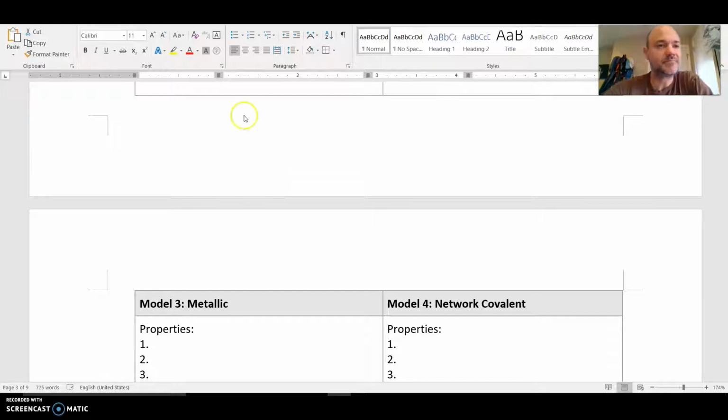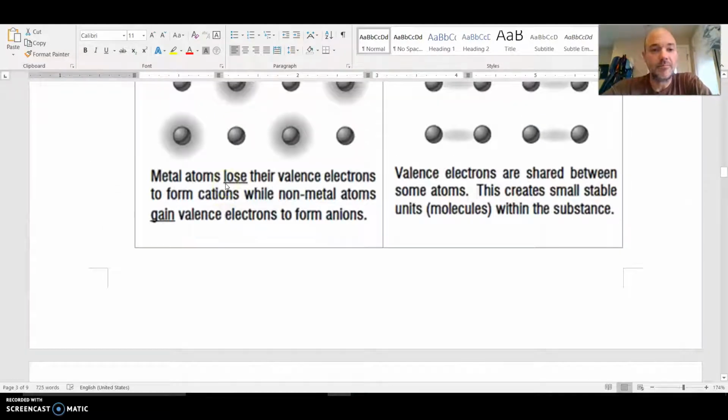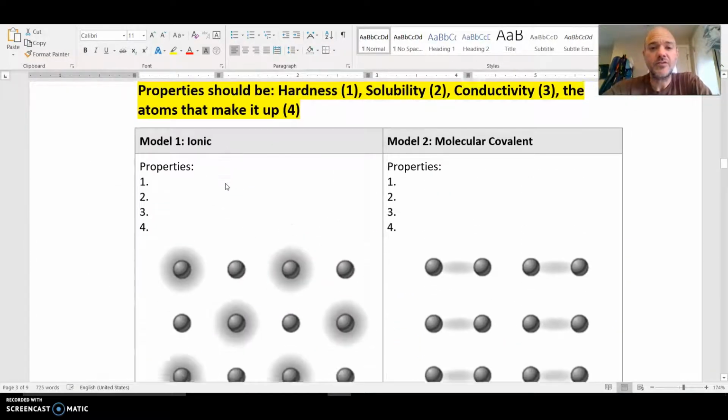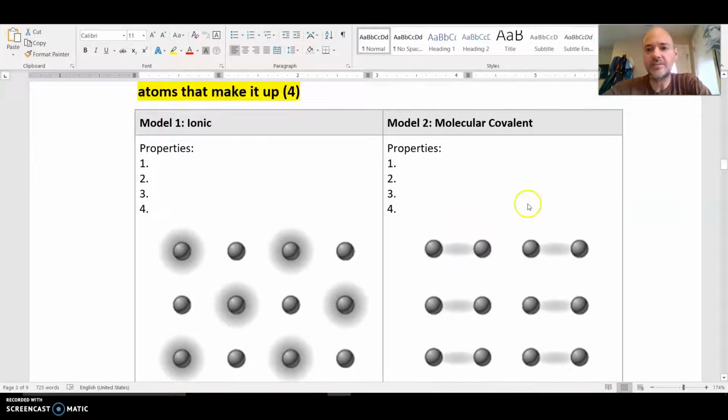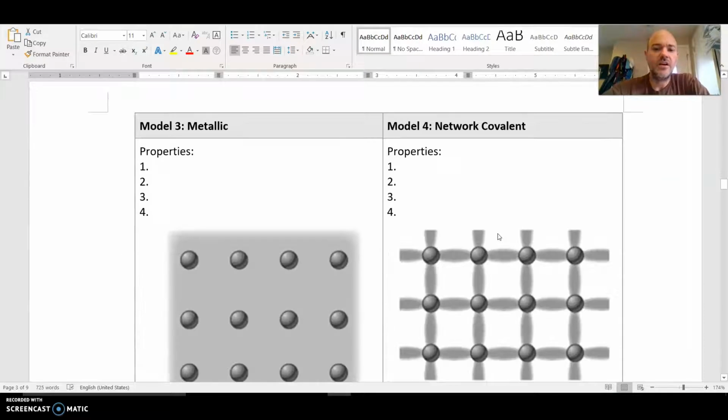All right. So, now, back to this. Here's what you're looking at in the pictures here for each of these. So there's the ionic substances, molecular covalent, metallic, and network covalent. Each of these little spheres here represents the atom. What the gray area represents is where the electrons go in the bond.